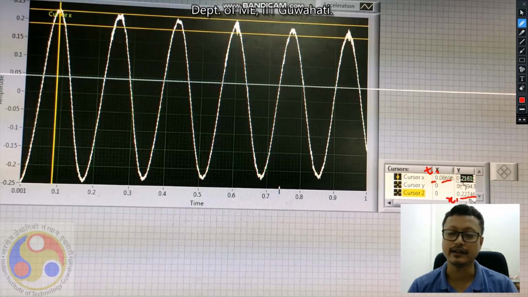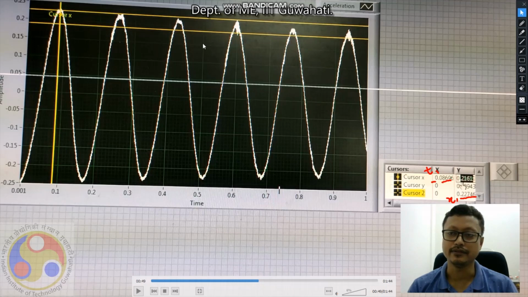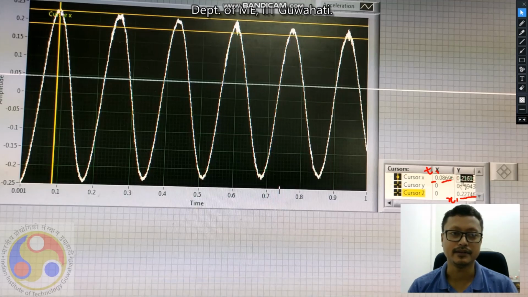You can get them according to your cursor, wherever you shift these lines, you can get the values of that point.